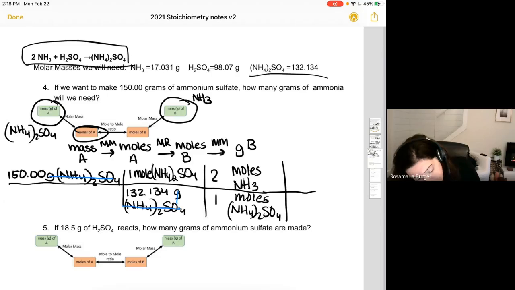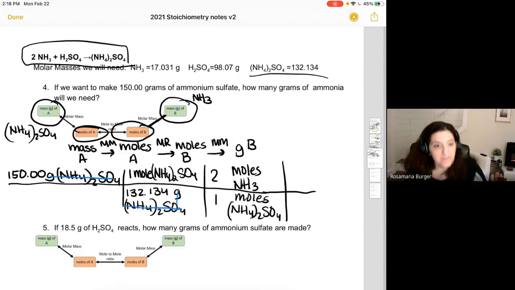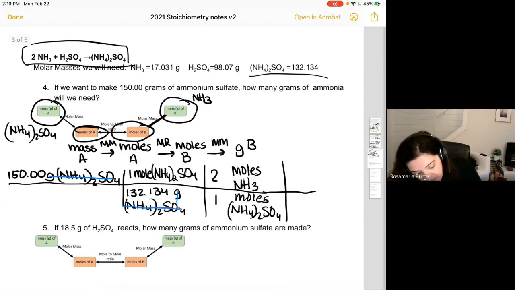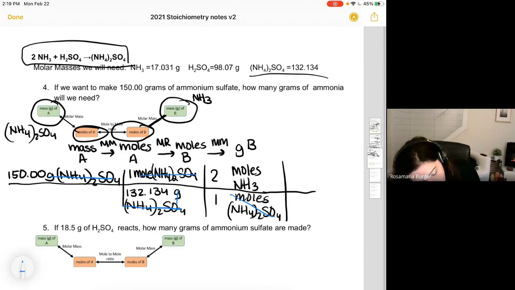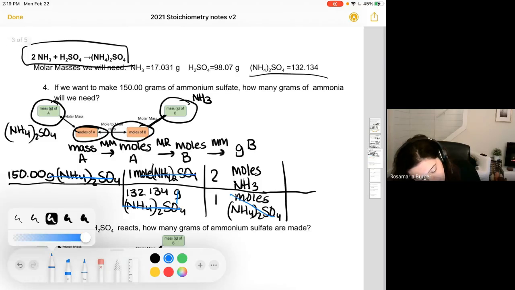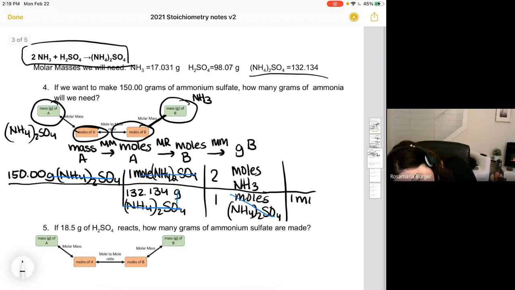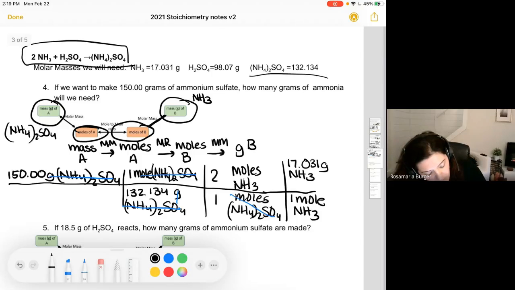Now, the last step is to use my molar mass and get myself to the mass of ammonia. Moles of ammonium sulfate have canceled out, so now we need to get rid of moles of ammonia. 1 mole of NH3 gets us 17.031 grams of NH3. So now moles of NH3 cancels out.